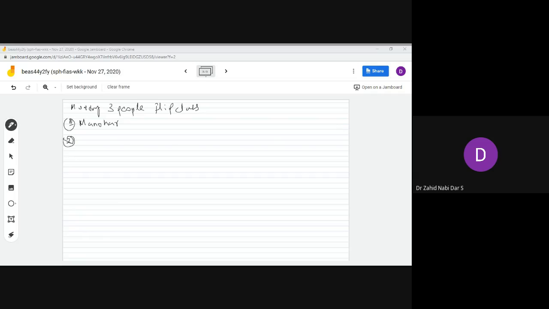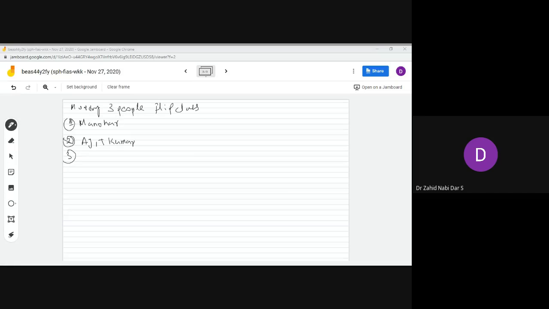Ajit Kumar, you have also not given flip class. Then number 3, Noor, have you given your flip class? Yes, sir. Noor has given. You have finished your flip class.